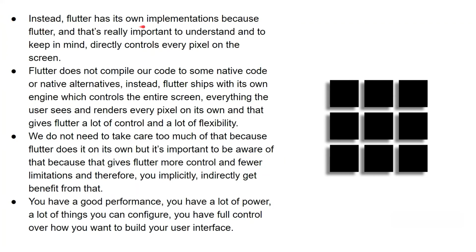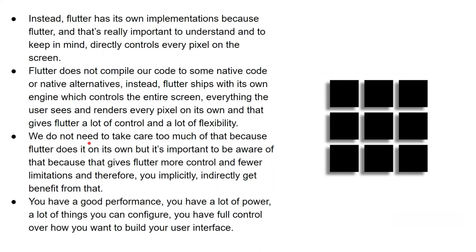Instead, Flutter has its own implementations. It is really important to keep in mind that Flutter directly controls every pixel on the screen. Flutter does not compile our code to native code or native alternatives. Instead, Flutter ships with its own engine, which controls the entire screen, everything the user sees, and renders every pixel on its own. That gives Flutter a lot of control and flexibility.